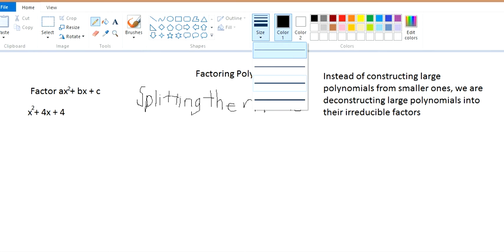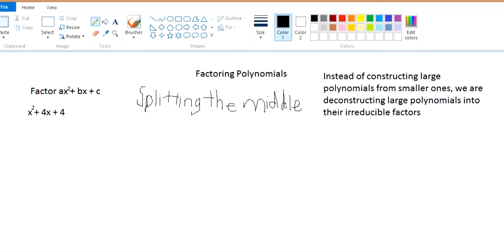Now what splitting the middle involves with this particular polynomial is that firstly we'll need to find the factors of c. In this case a is 1, so we'll worry about the master product later.